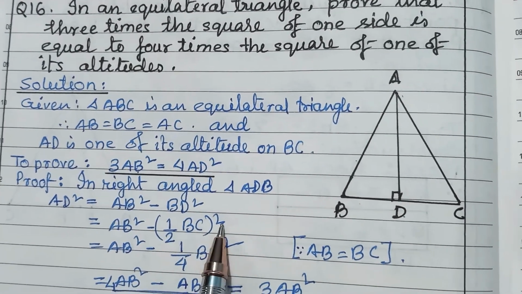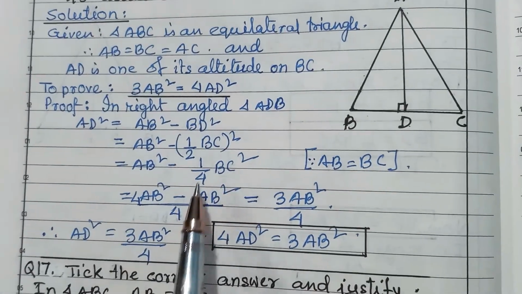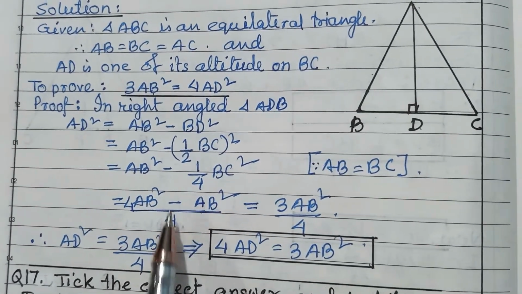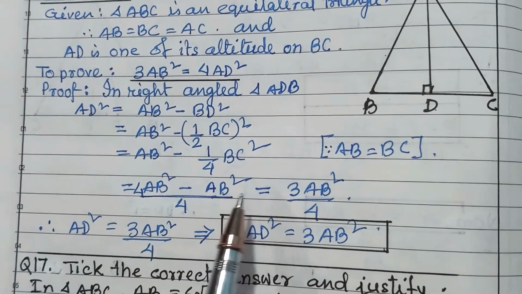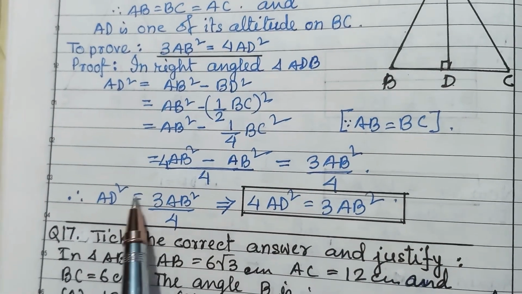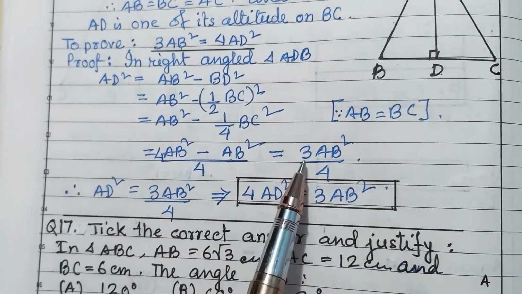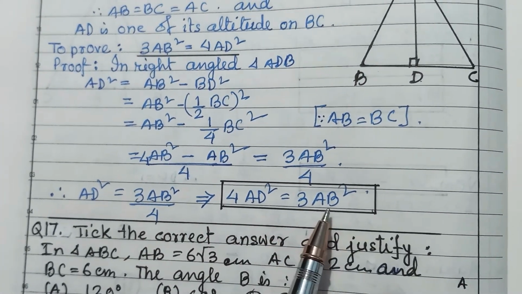So we can take half of BC, it is 1/4 BC square. And BC is equal to AB, so we can write it is AB square. So 4 is LCM. 4 AB square minus AB square, it is 3 AB square upon 4. Cross multiply. So AD square is equal to 3 AB square upon 4. It is 4 AD square is equal to 3 AB square.